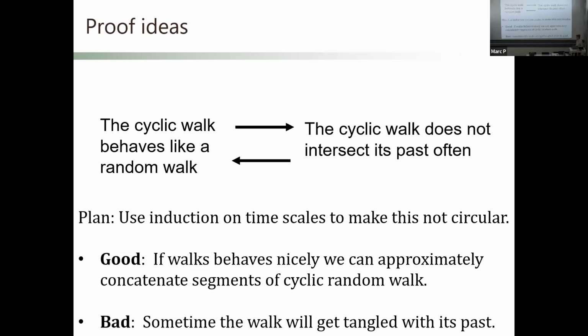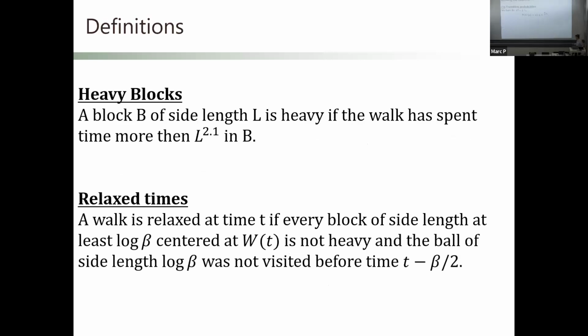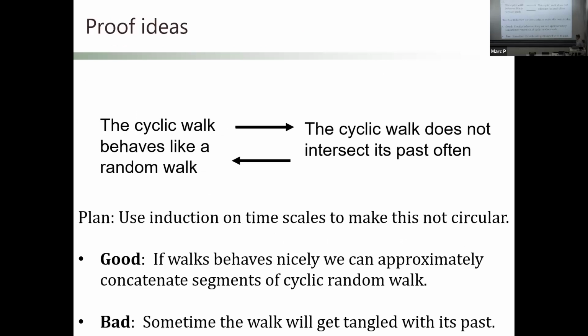On the other hand, sometimes things will go wrong, and we'll have to deal with what happens when the walk gets badly tangled with itself. Okay, so this will be a multi-scale induction, and part of the essence of multi-scale inductions is that a lot of the art is in making the right definitions and inductive assumptions. So I'm afraid I have to make some definitions.